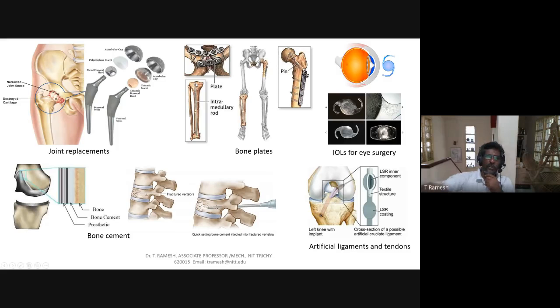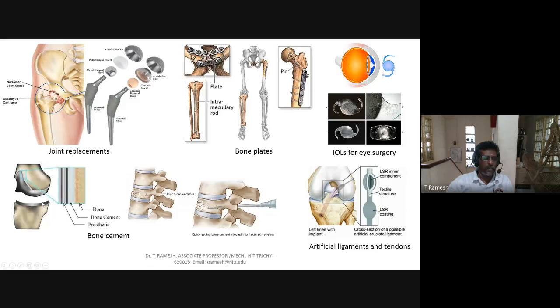It is like a screw which is drilled and inserted so that it connects the broken bone. And there are pins used to connect damaged or repaired damaged bones, a femoral bone. And the contact lenses are already existing. So the contact lenses are already developed through biomaterial.